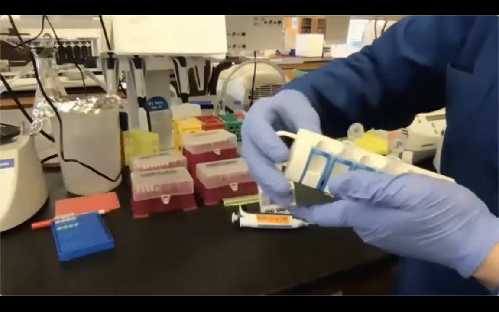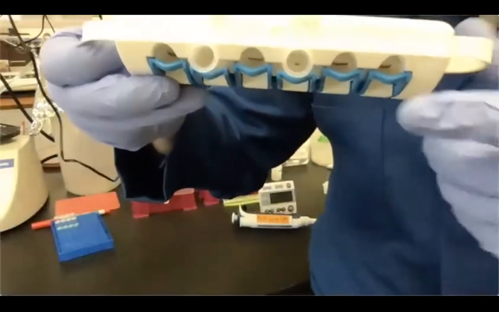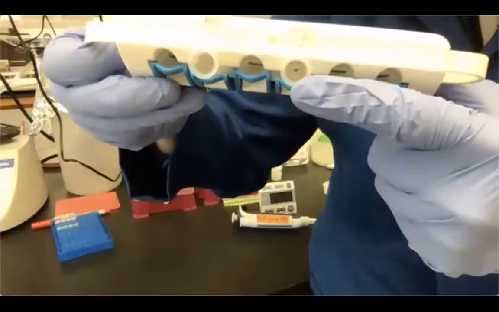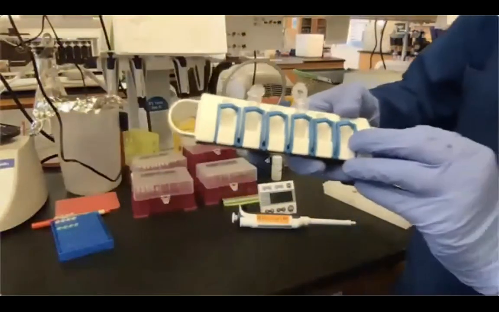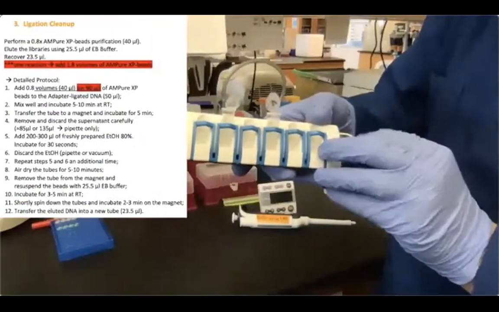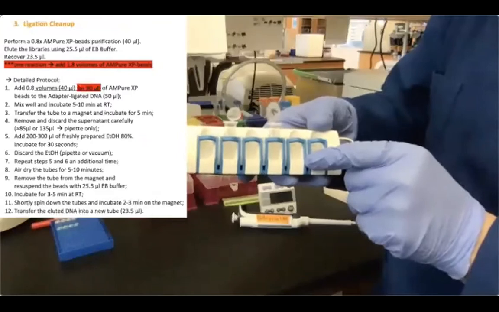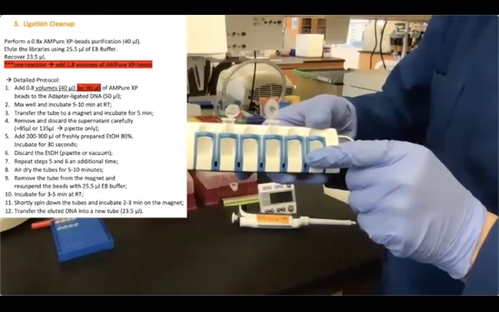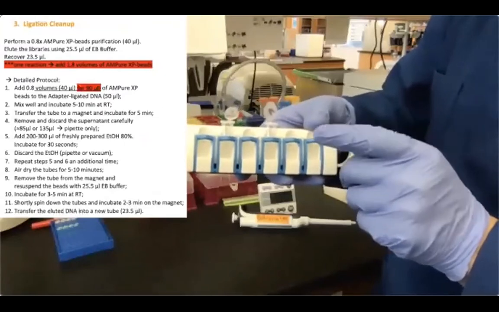And as you can see, the bead pellet is already separated from the rest. Same here. So we are basically ready to go. I'm gonna transfer. So I've resuspended my samples in 25.5 microliters of EB buffer. I'm gonna remove 23.5.